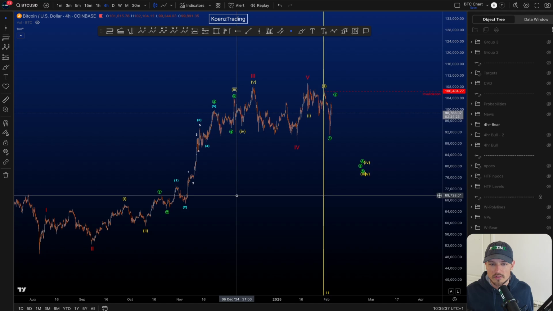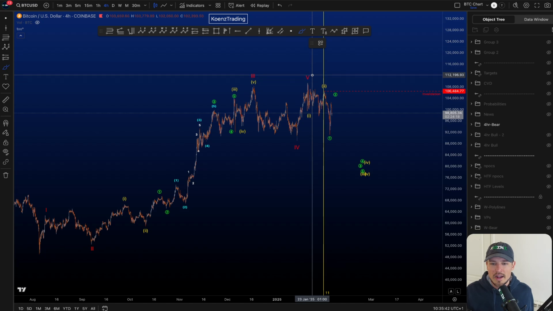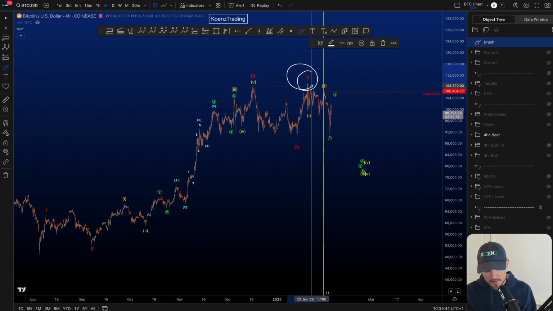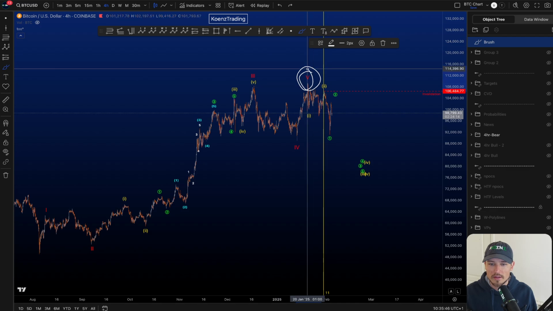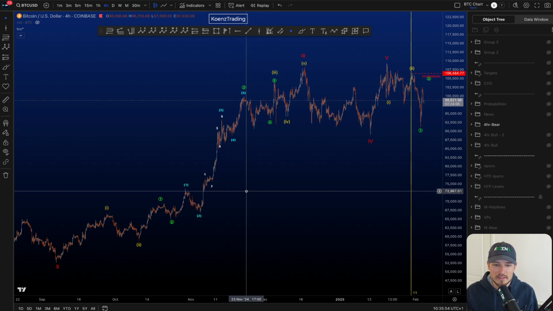The bearish scenario requires me to count this move towards the upside slightly differently, where we then end wave 5 at the all-time high over here. Now, in this particular case, you also have wave 4s that are shorter than their respective wave 2s.